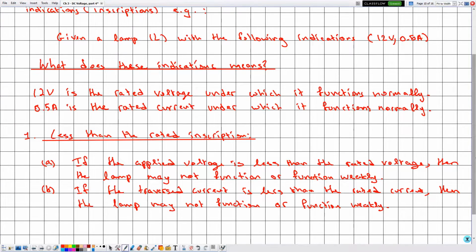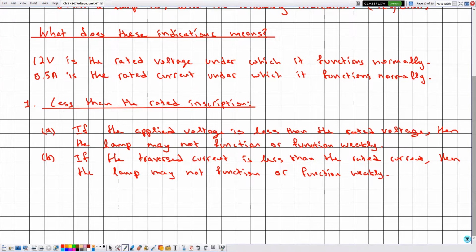Then this is one of the cases that we may consider. Another case that we may also consider, which is important, is if the applied voltage and the traverse current are equal to the rated inscription.